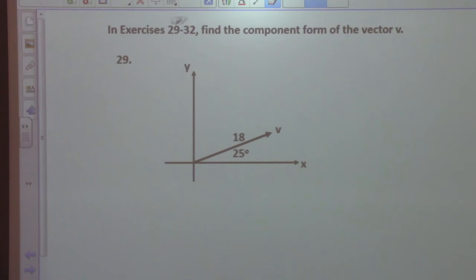Here it says in exercises 29 through 32, find the component form of the vector v. And here you're given a graphical form that gives you your magnitude and your direction.